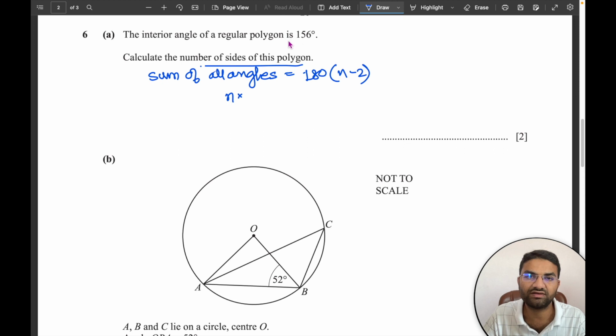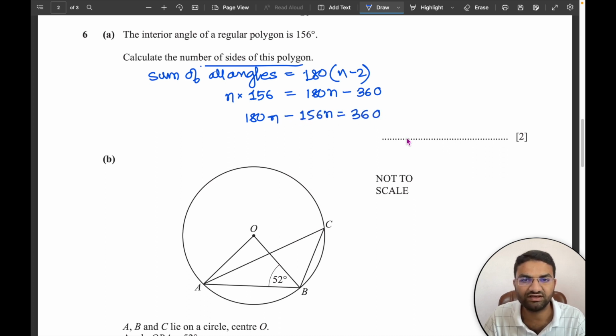So 156n is equal to 180(n minus 2), which gives 180n minus 156n is equal to 360. Solving for n, you will get n, the number of sides, is equal to 15. Use the calculator and solve this.